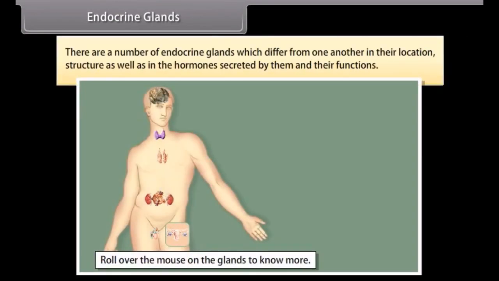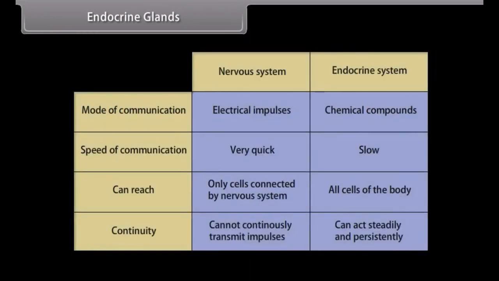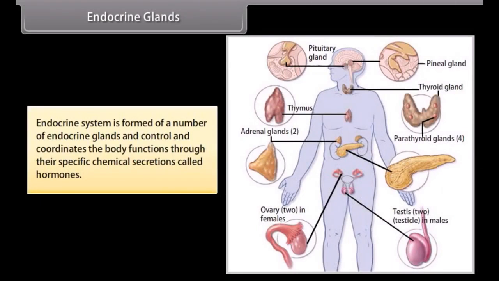There are a number of endocrine glands which differ from one another in their location, structure, as well as in the hormones secreted by them and their functions. Endocrine system is formed of a number of endocrine glands and controls and coordinates the body functions through their specific chemical secretions called hormones.